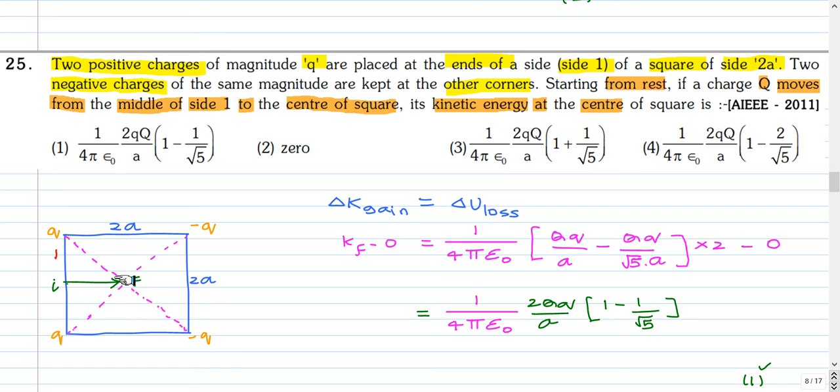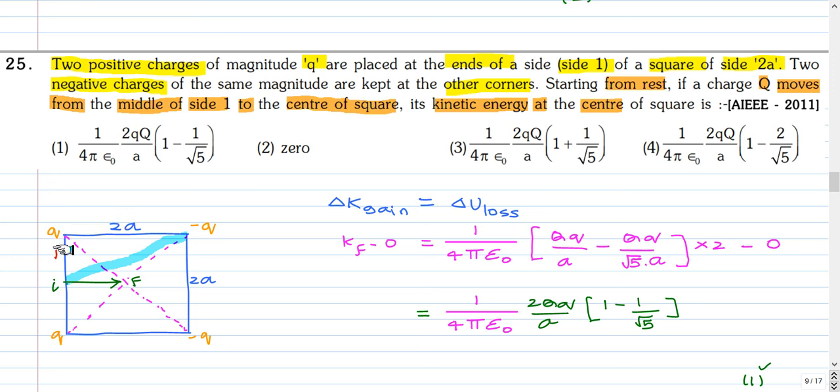So the final electrostatic potential energy is 0, and the initial electrostatic potential energy is 1 by 4 pi epsilon naught product of the charges divided by the distance. So it's capital Q into small q divided by this distance a, and because of this minus q, it will be capital Q into minus q divided by this distance, and that distance can be found by Pythagoras theorem.